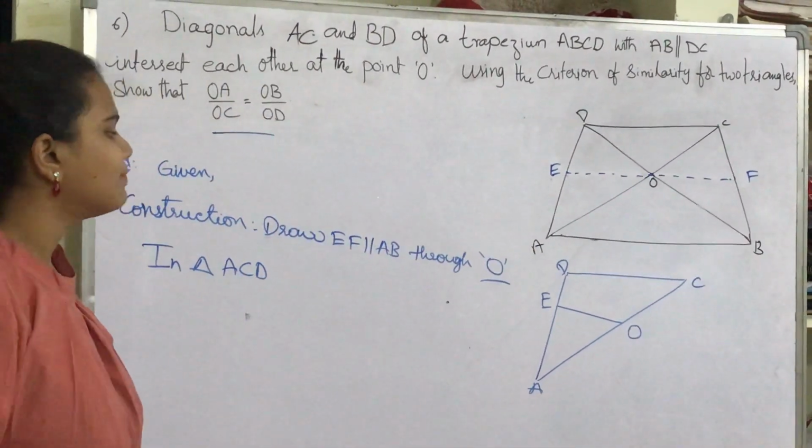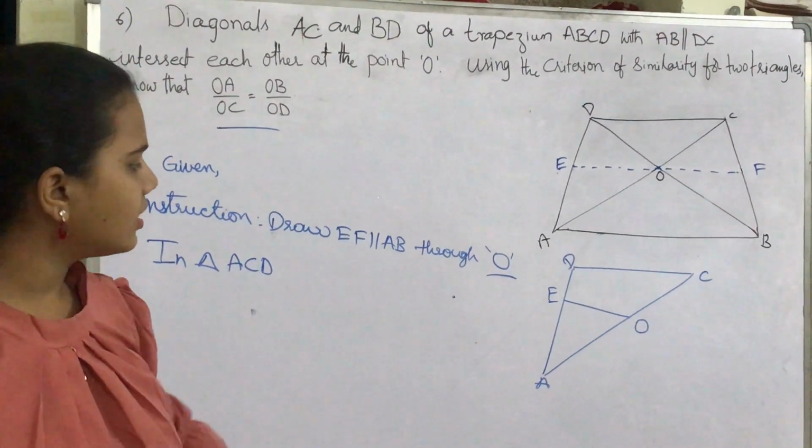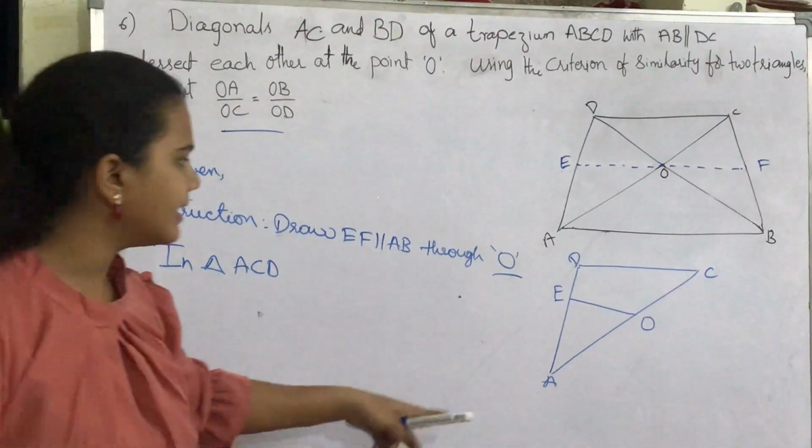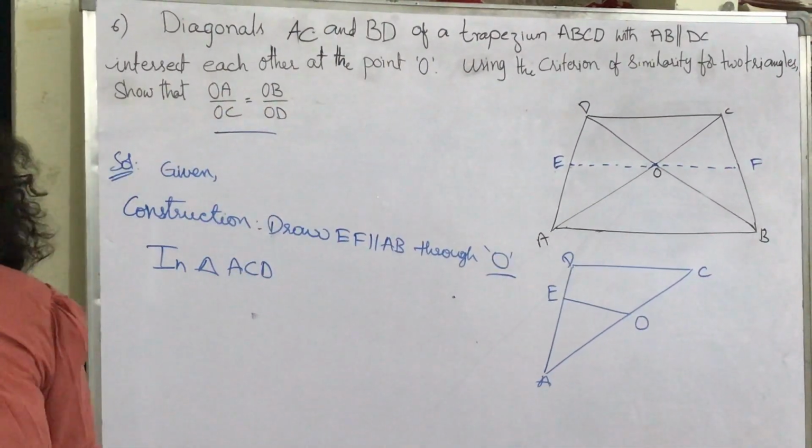If a line is parallel to the third side, the other two sides are divided in the same ratio. So EO is parallel to CD, then AD and AC are divided in the same ratio.